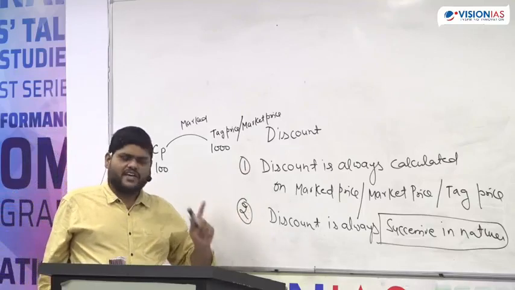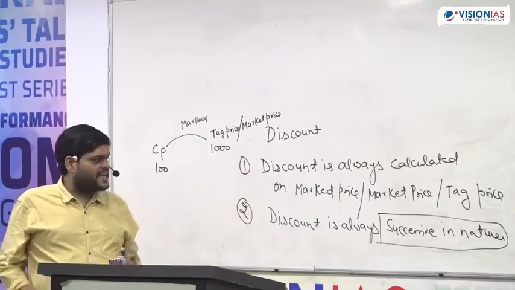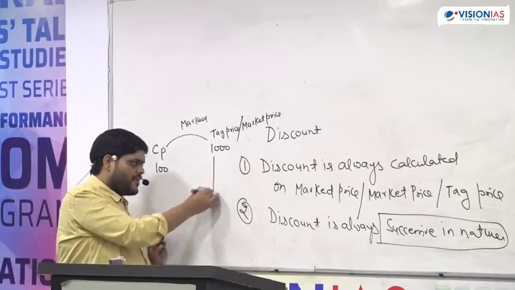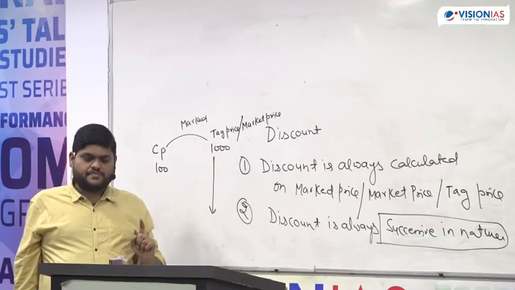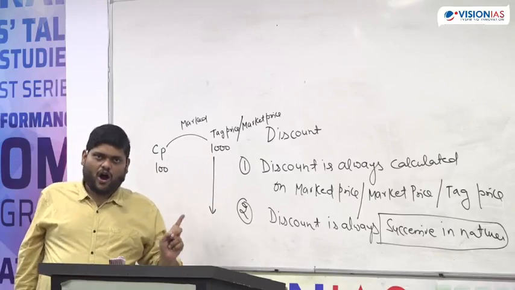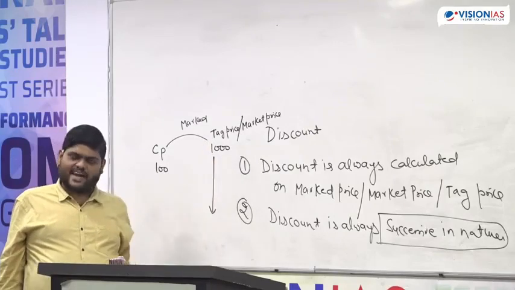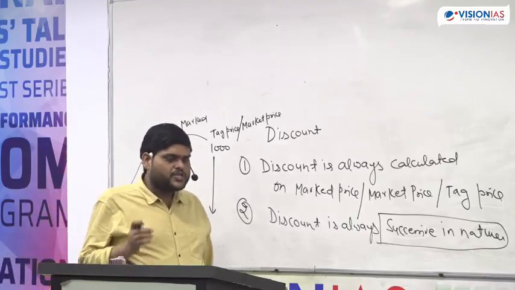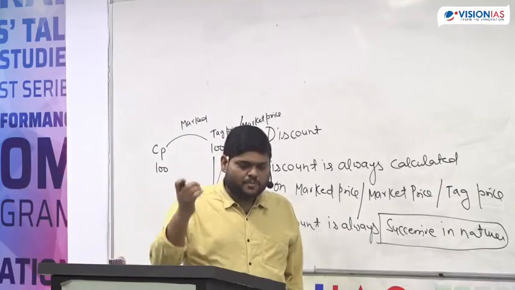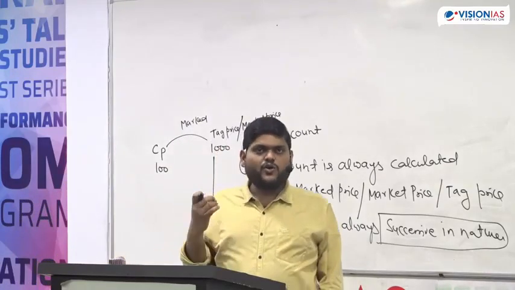the discount is always calculated on which price? Discount is always given on a tag price. No need to remember anything. Just think, you are going to buy some cloth on a sale.